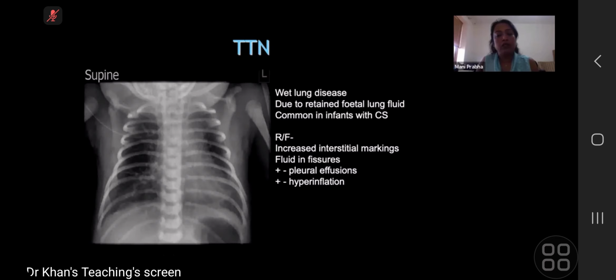Radiologically, we see increased interstitial markings due to interstitial fluid, and there is fluid in the fissures. It can be associated with pleural effusion and hyperinflation. So this is hyperinflated as opposed to hypoinflated lungs in respiratory distress syndrome. But interstitial markings are common to both.